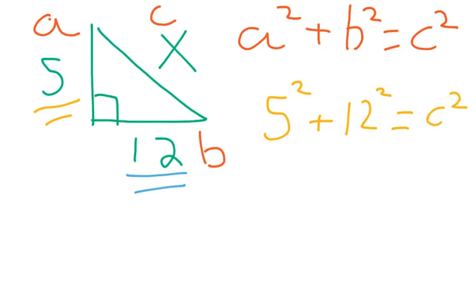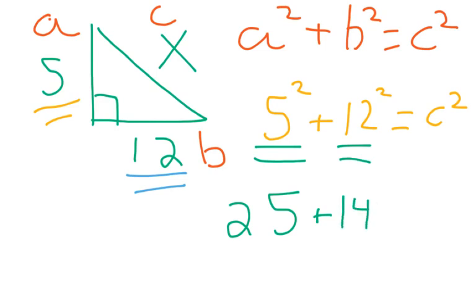So now I'm going to do the stuff that I know. If I have my calculator, I would put 5 squared in there. So what's 5 times itself? 25. Plus 12 squared, or 12 times itself, is 144.